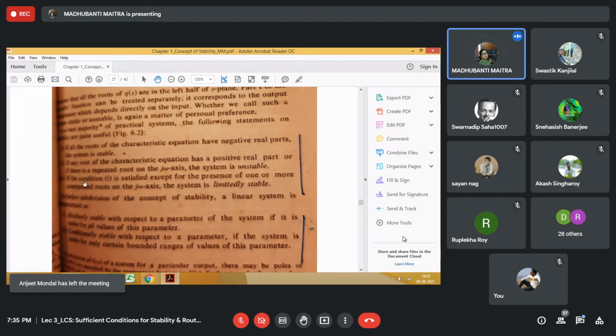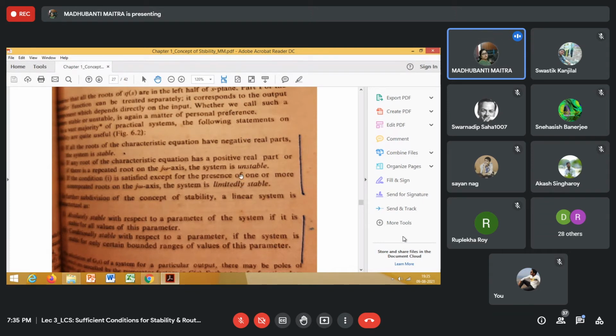Right? And the third inference: if condition 1 is satisfied, that means the roots are in the left half of the S-plane, for the presence of one or more non-repeated roots on the j omega axis, the system is limitedly stable. That means no root is there in the right half of the S-plane.